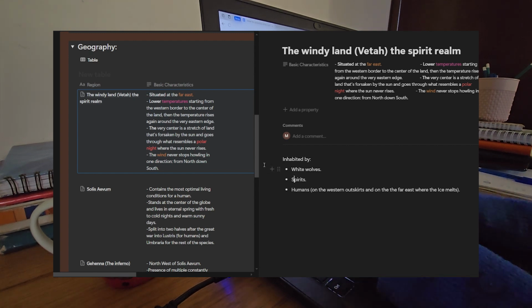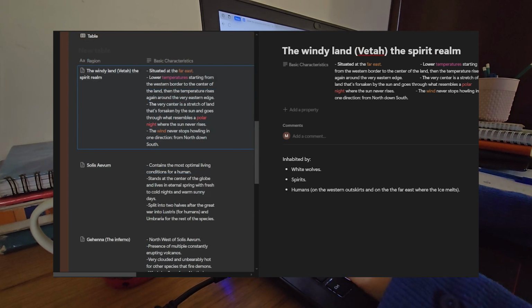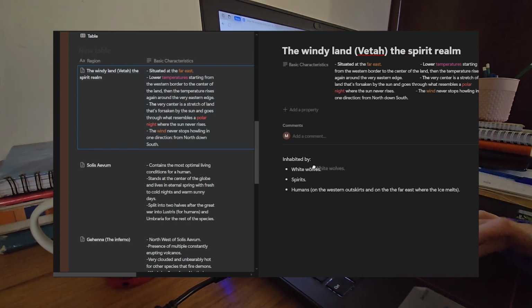This phenomenon will appear in a chapter later in one of the storylines I am planning. Next to them, we have the snow wolves, who live in the far east since they cannot handle higher temperatures.